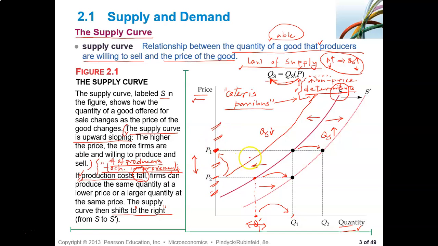So the entire supply curve will shift to the left, to a point such as S double prime, for example. So here this is the new supply. Let us say this is Q2, Q3. So you see, when supply goes left, supply is decreasing.